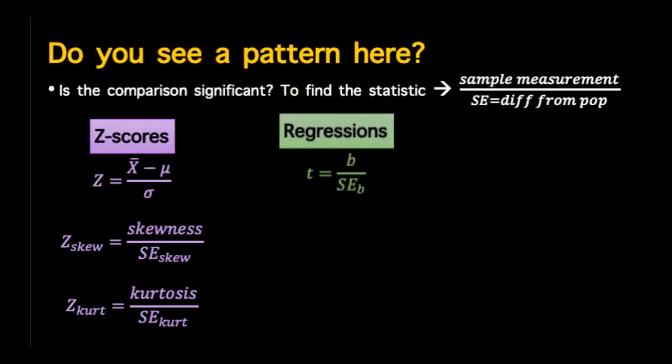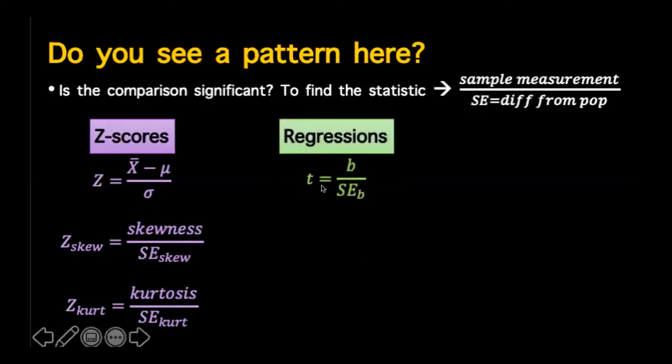When we looked at regressions, we calculated a t-statistic for a b coefficient to see how this sample relationship that we've established in these equations relates back to what the true or predictive relationship would be in a population, right? So we're dividing by standard error in regressions as well.